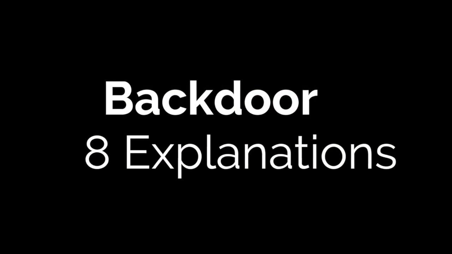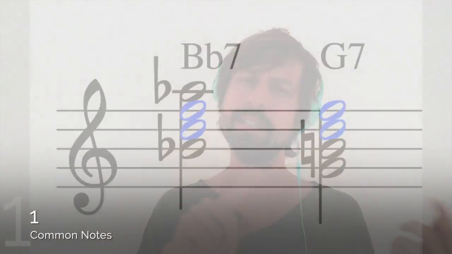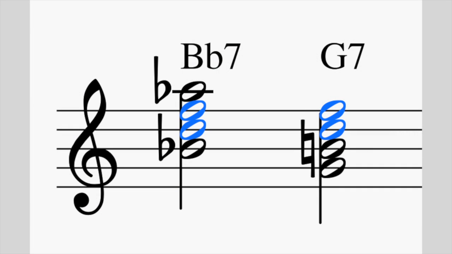And now here are the 8 different perspectives to understand why the backdoor progression works. One, the dominant chord on the flat 7th scale degree, which is the B flat major in our example, has 2 notes in common with the regular dominant chord, which would be G7.